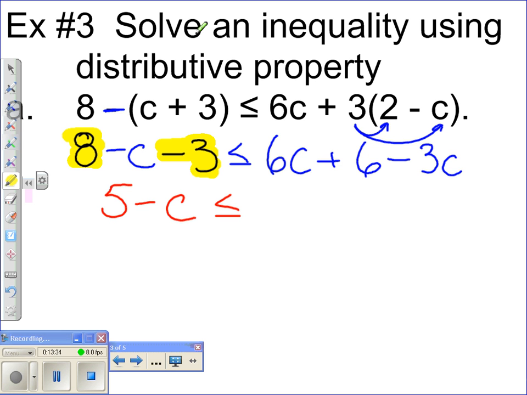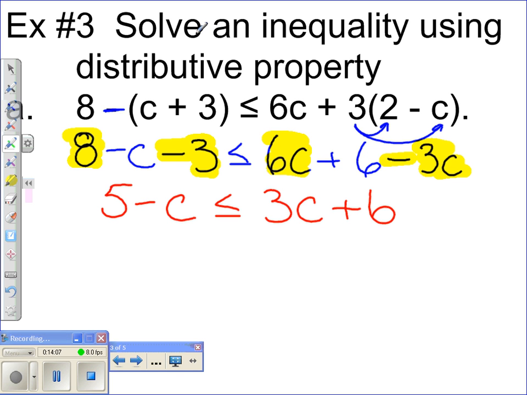Now let's look over on the right side. Like terms, 6c minus 3c. What is 6 minus 3? Good, that's 3. So 3c plus 6. You've now combined like terms on both sides. The next step is to, good, get rid of or eliminate the smaller variable.